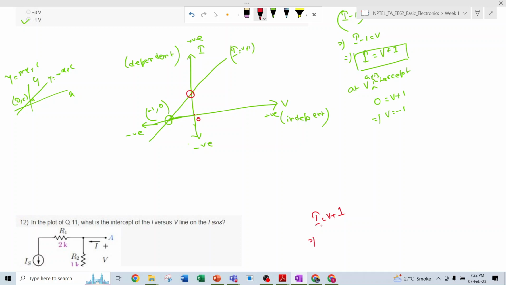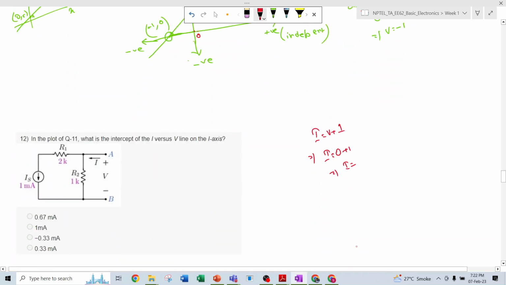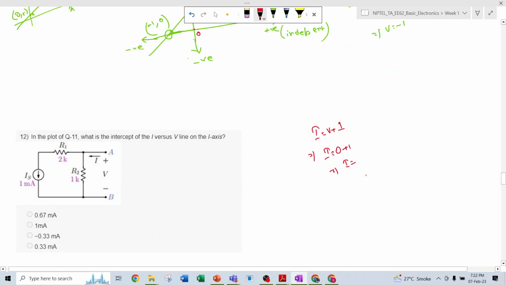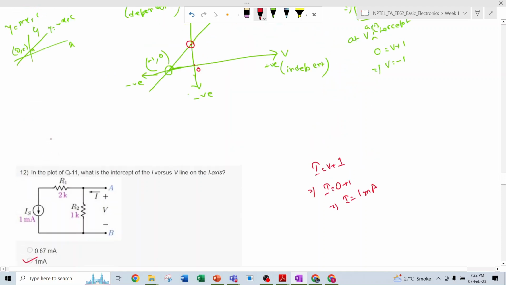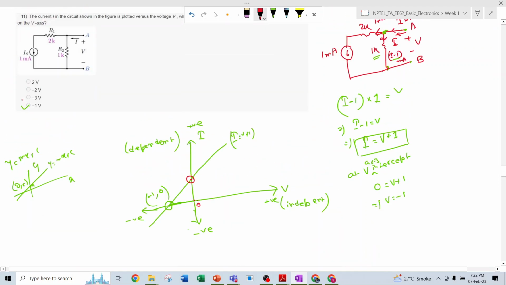So for this part, V is equal to 0, 0 plus 1. So I will be nothing but 1 milliampere. So it is a very basic problem.